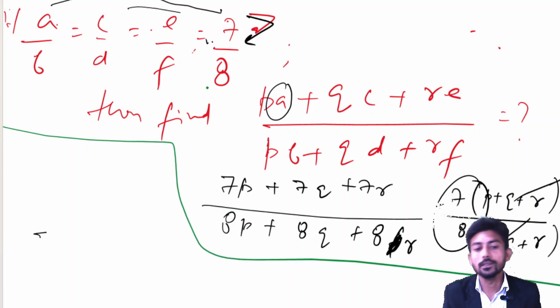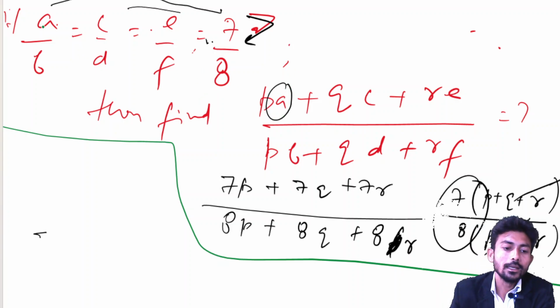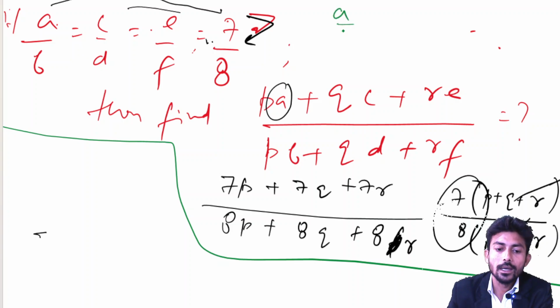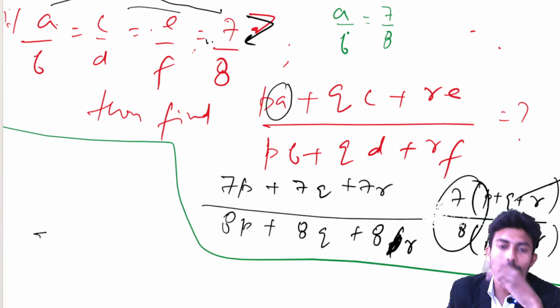I can also write like this: if it is given to us, I can consider this fraction A by B is equivalent to 7 by 8. And if A by B is equal to 7 by 8, then C by D is also equivalent to 7 by 8, and E by F is also equivalent to 7 by 8.